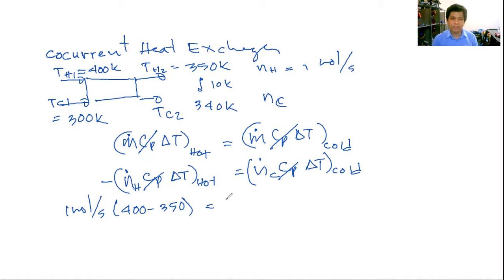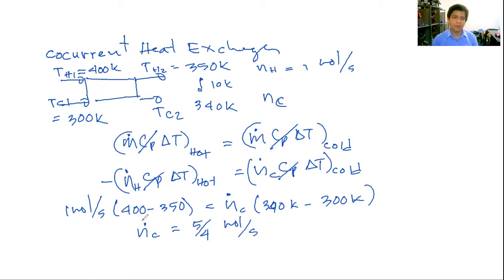Tapos yung N dot C, okay? Ito yung N dot C, tapos ang delta T nito ay 340 Kelvin minus 300 Kelvin. So you can calculate N dot C. So N dot C is equal to 50 divided by 40. That's 5 over 4. So ang unit nito ay mole per second.